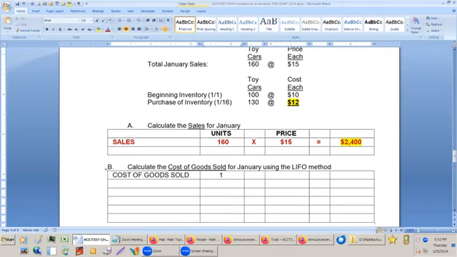Same 160 units. And we need the cost for 160 units, same as before.